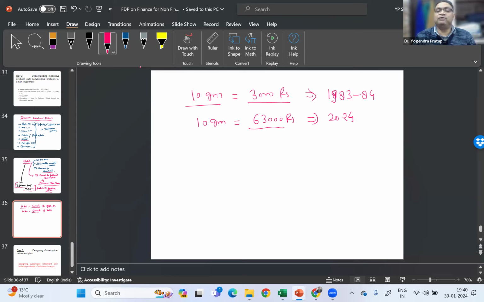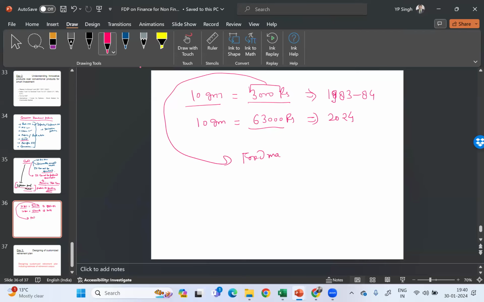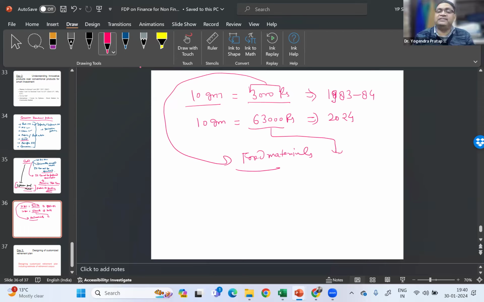Whatever purchasing power there was, whatever food materials you could purchase then, now with that 63,000, you can purchase the same amount of food material. Is it true or not?